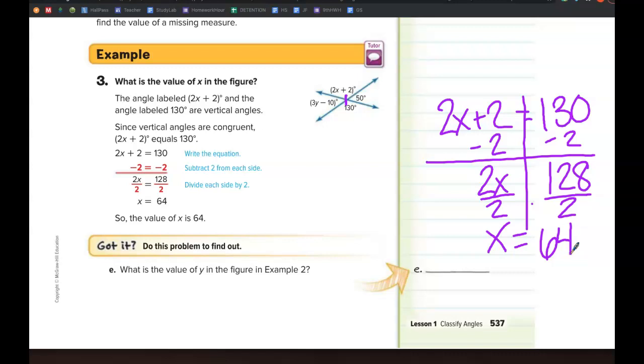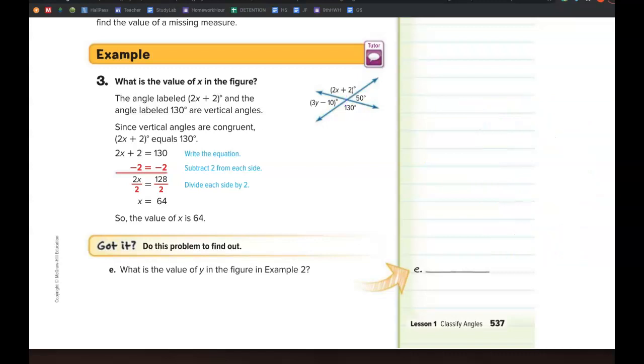So then in example 2, we have to figure out what y equals. So what angle is vertical to the one that has the y in it? Damien?